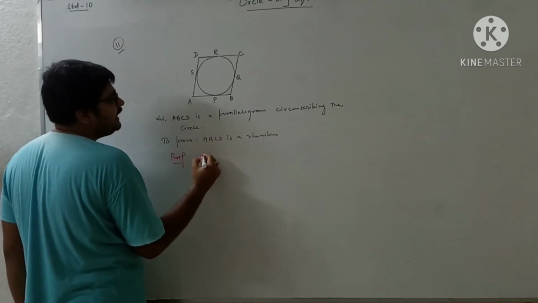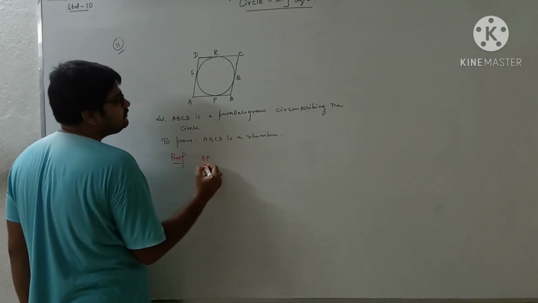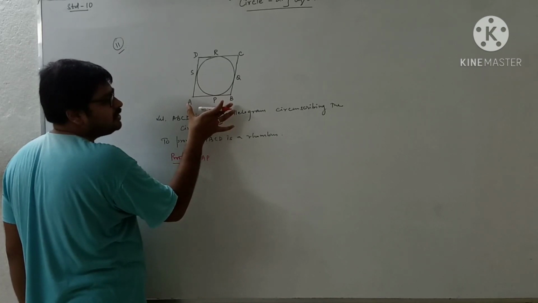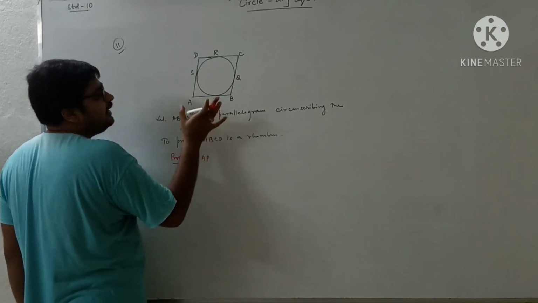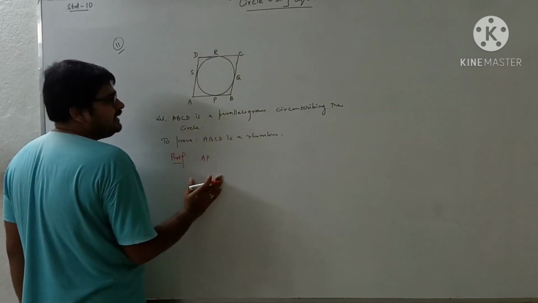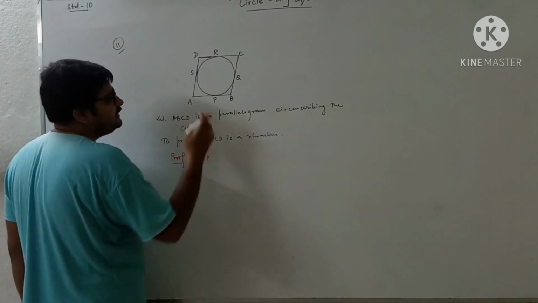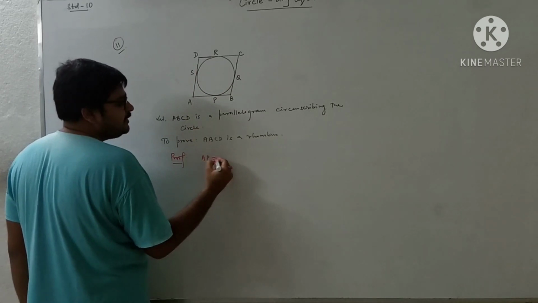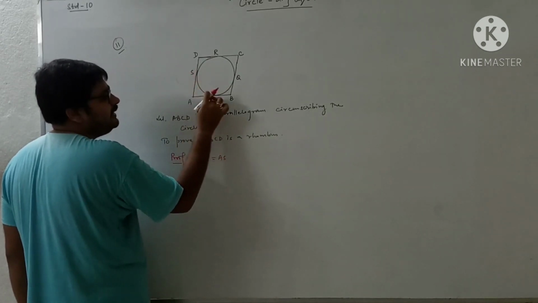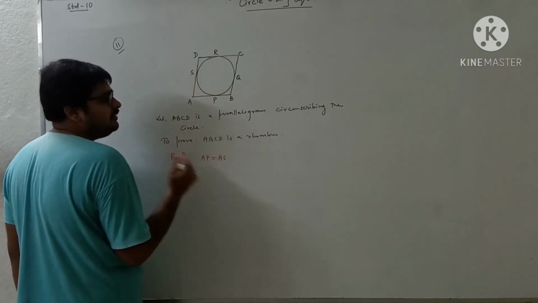First of all, what we will write? All the parts of AB we will write on the left side, all the parts of CD on the left side, and all the other parts of AD and BC on the right side. So AP must be equal to AS, because tangents from an external point are equal. From the external point A, the tangents are drawn.